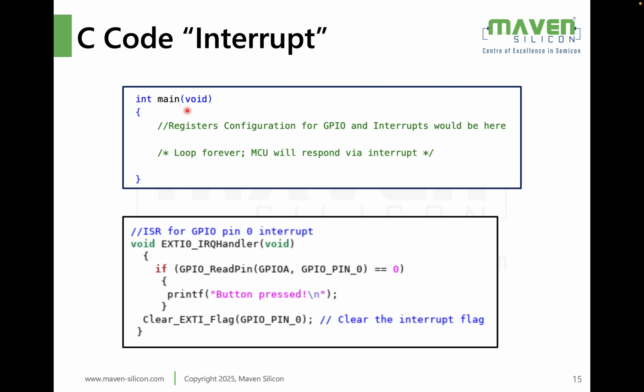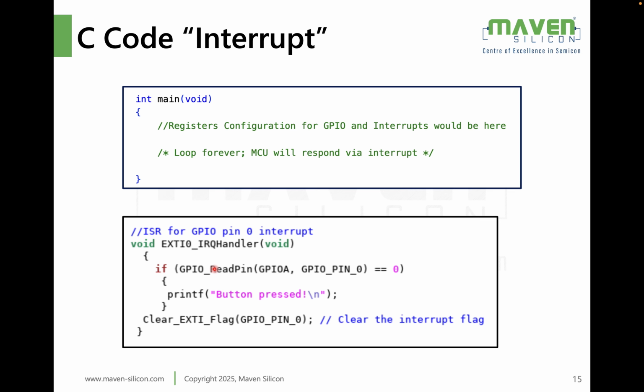You can see in the main program, the CPU is performing the other operations. For example, it configures the registers for GPIO interrupts, and it is performing some other operation. Now, if an interrupt has occurred, then what happens? Outside the main, we have declared the interrupt service routine function.